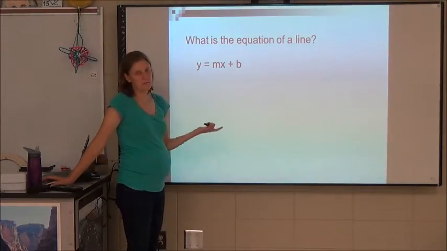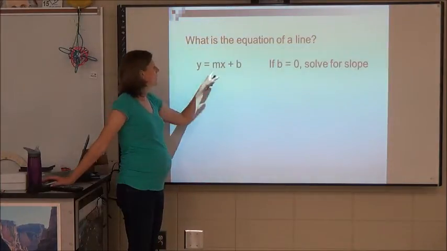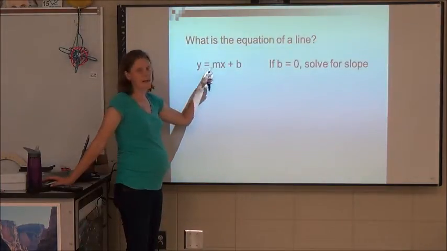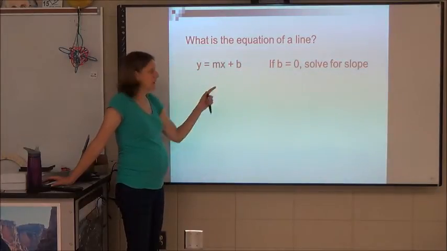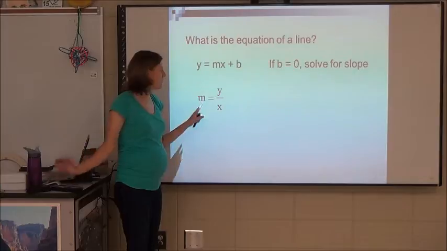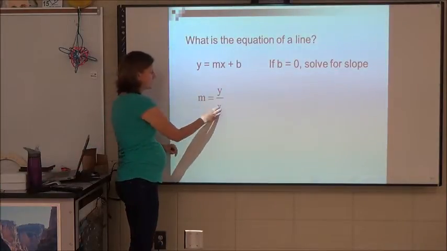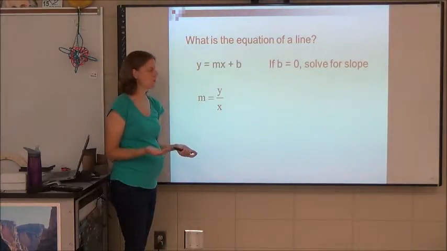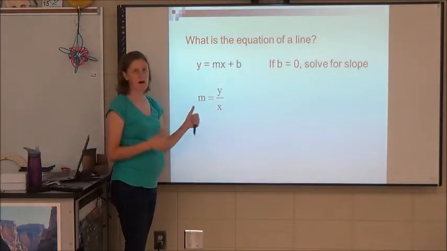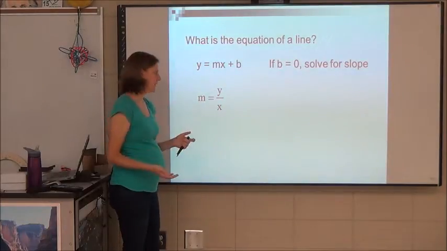Okay, so we mentioned velocity is slope. Well, remember your equation for a line, y equals mx plus b. If we ignore b, the slope part of that, the m, will be y divided by x. And in this class, with some of the labs that we do, we will often graph things, and the slope will often have some physical meaning to us.